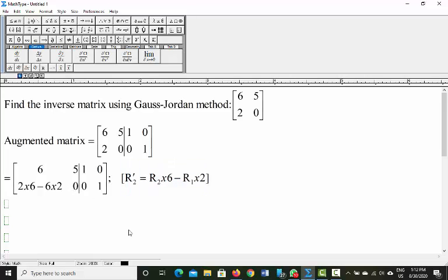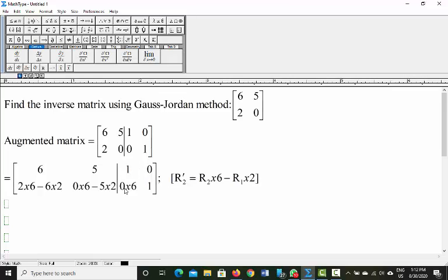So these need to be multiplied by 6 minus, and whatever we have in the first row, we have 5. So 5 multiplied by 2. Similarly, 0 multiplied by 6 minus the element of the first row.